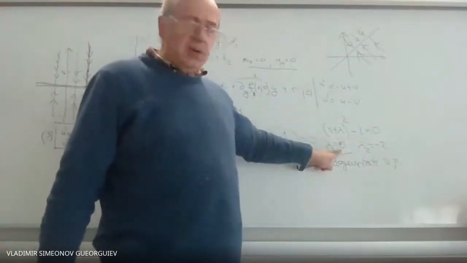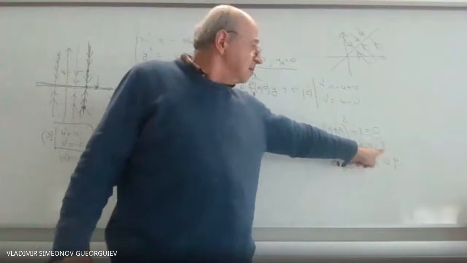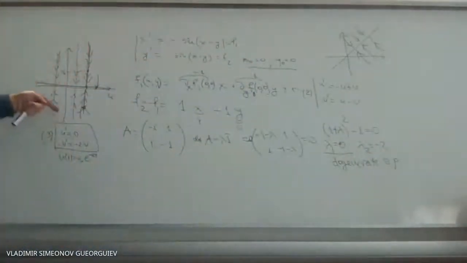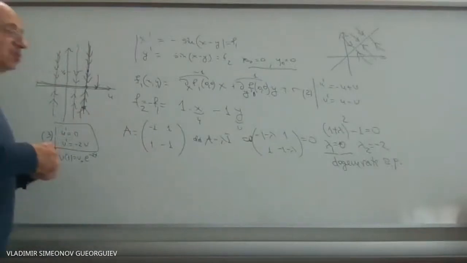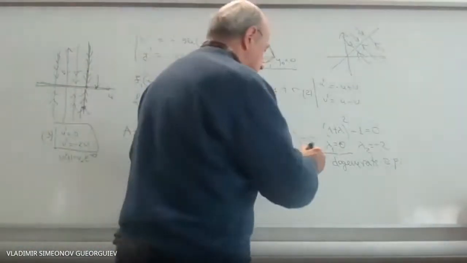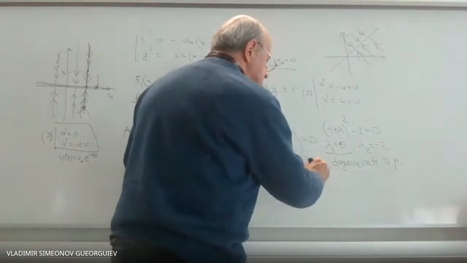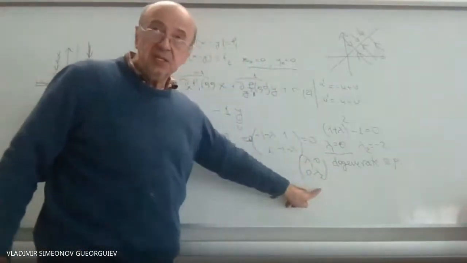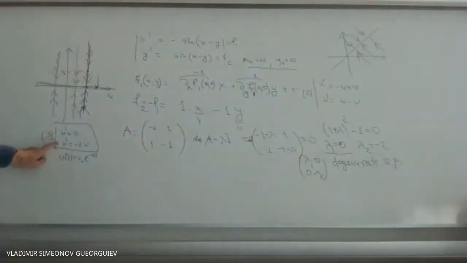If you take lambda 1 equal 0, the second one equal -2, then you simply take a diagonal system. So you take from here lambda 1, 0, 0, lambda 2. For this matrix, you construct this system and you study this system.